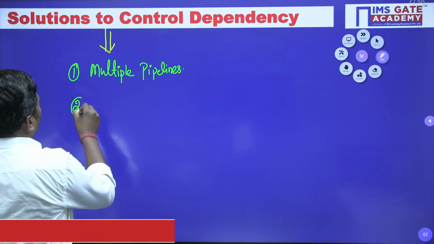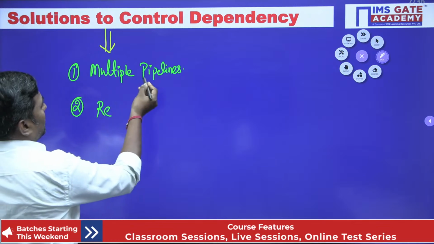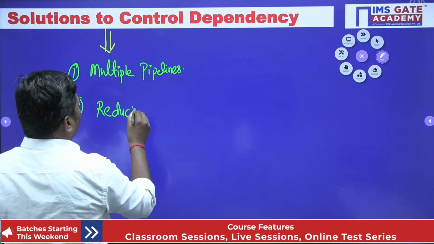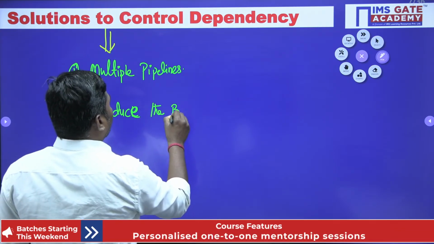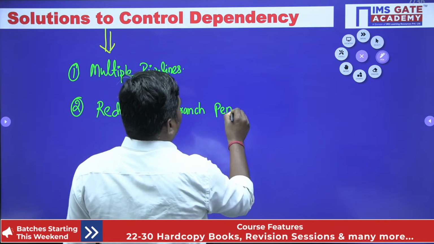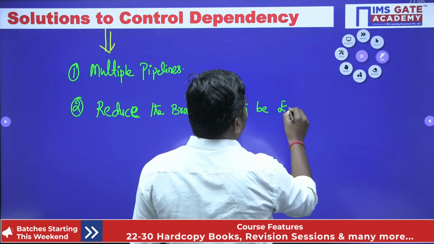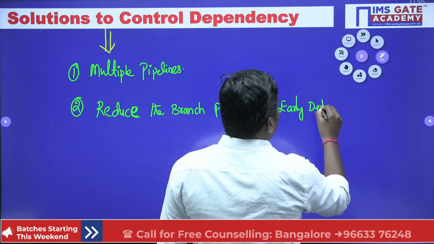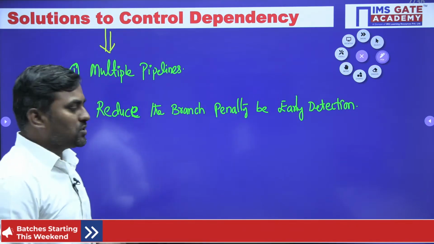The second approach: instead of multiple pipelines, which are hardware costly, the cost of hardware will be more, reduce the branch penalty by early detection, early detection of the branch condition, the branch instruction.